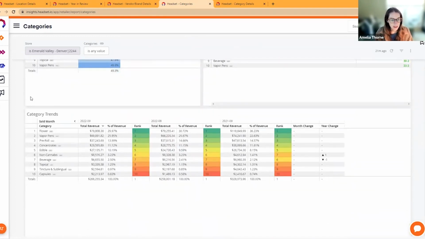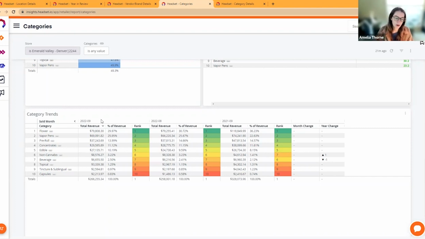Down here at the very bottom, we can see category trends. This is just the different rankings of categories over time. One thing that I like to point out is if you're introducing a new product to your mix, or you're trying to increase the basket counts of people who are purchasing pre-rolls, things like that, you can start to track and benchmark against these numbers.